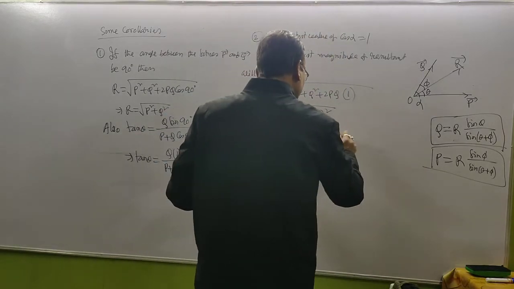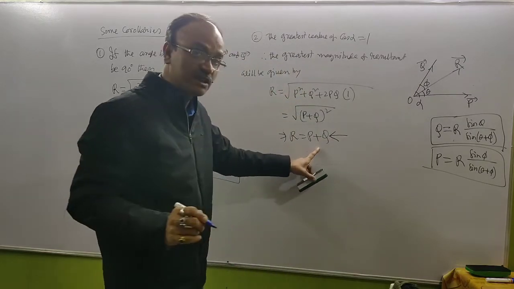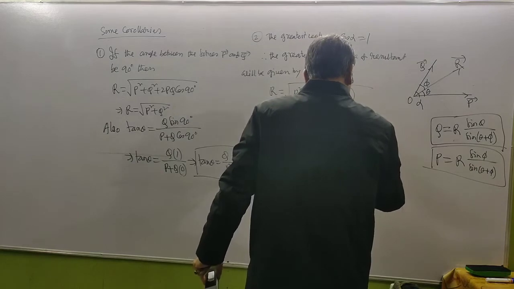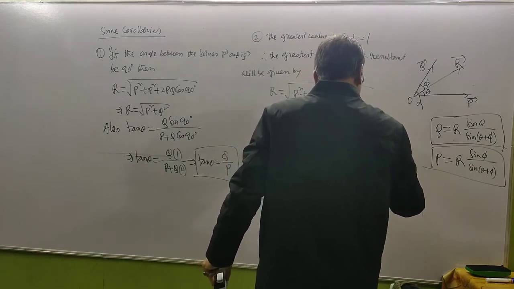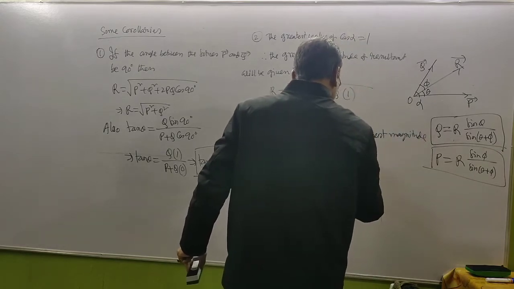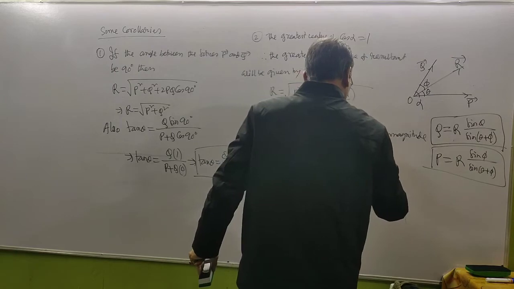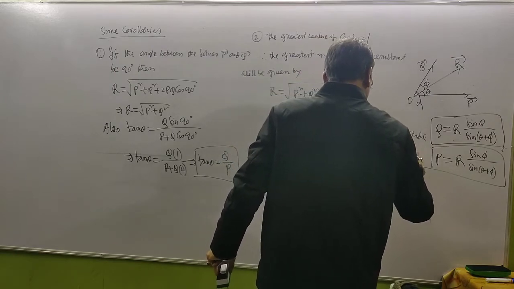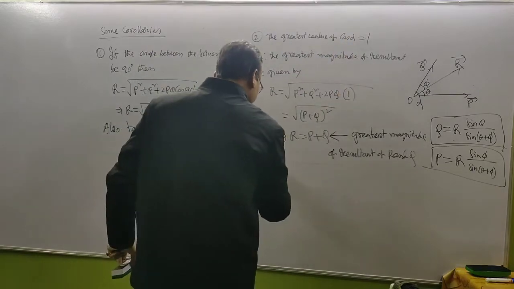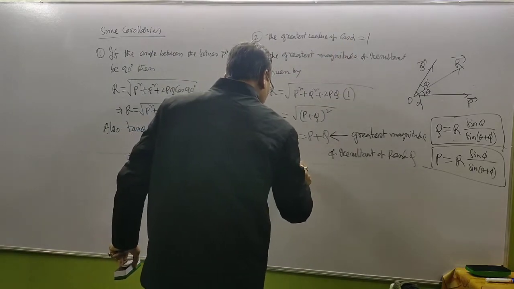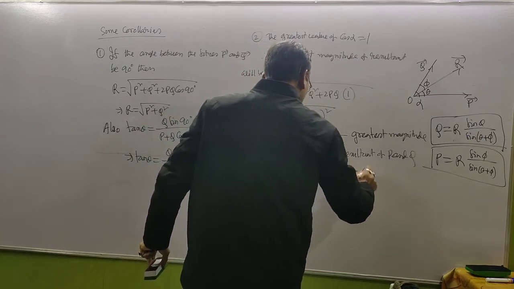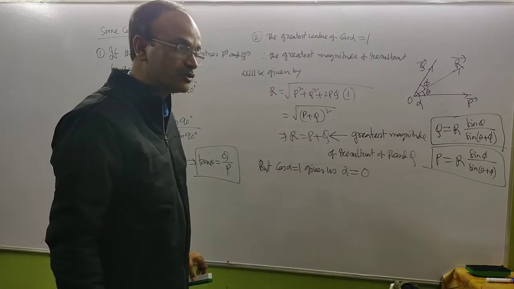This is the greatest resultant. Greatest magnitude of the resultant of P and Q. But cos alpha equal to 1 gives us alpha is equal to 0.